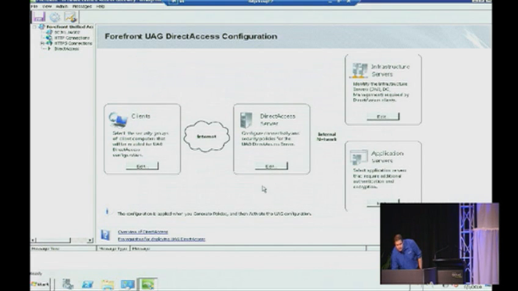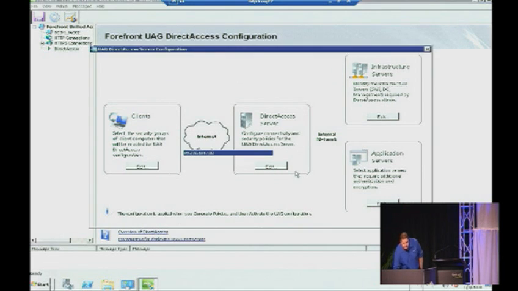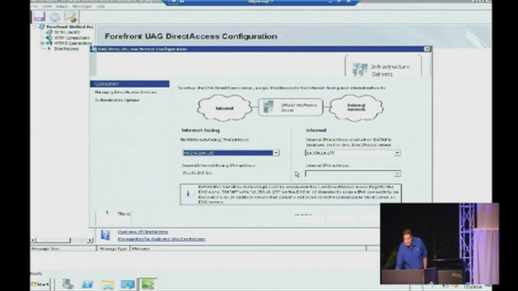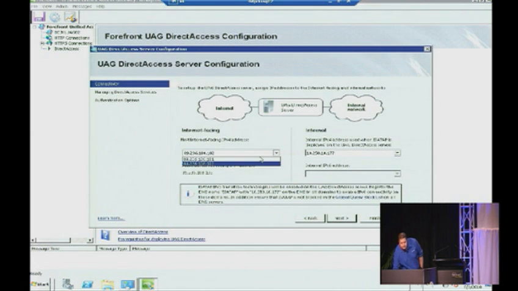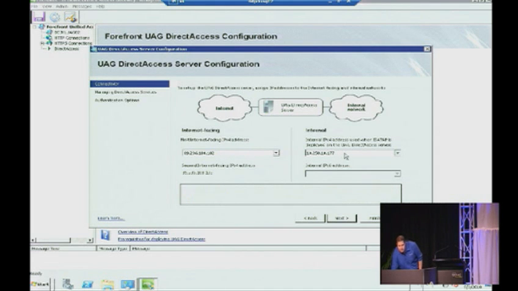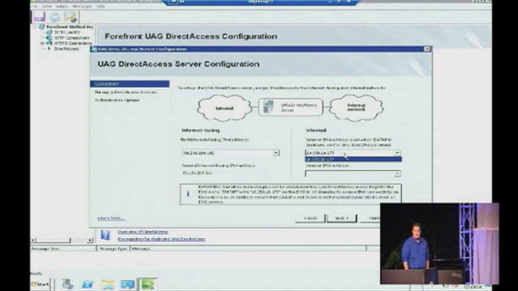Then the DA server itself, there must be IPs facing the internet. So two external internet-facing IPs, just because of the Teredo server and relay. So that's the reason we are using two IPs for that. And then internally we have IPs as well.